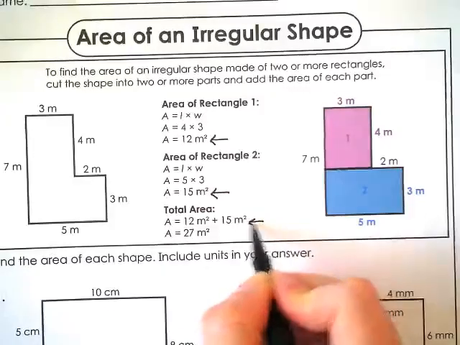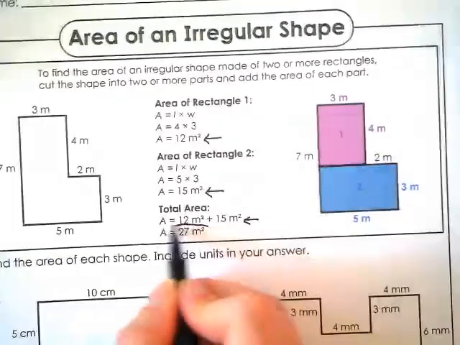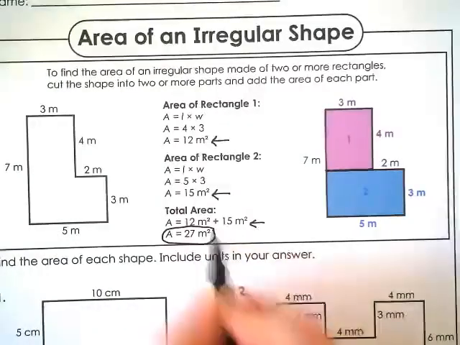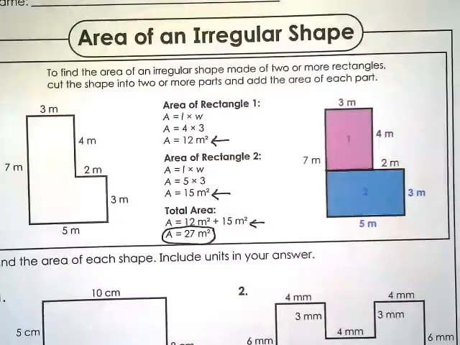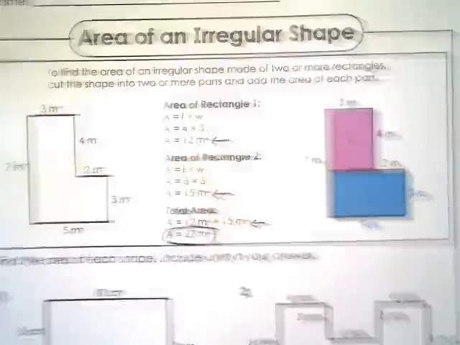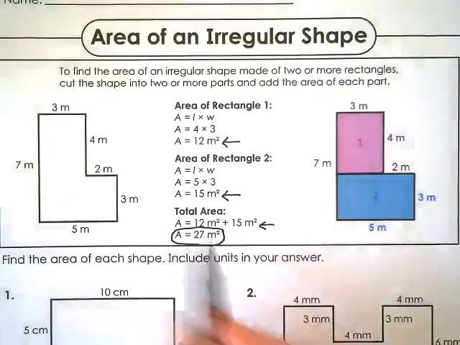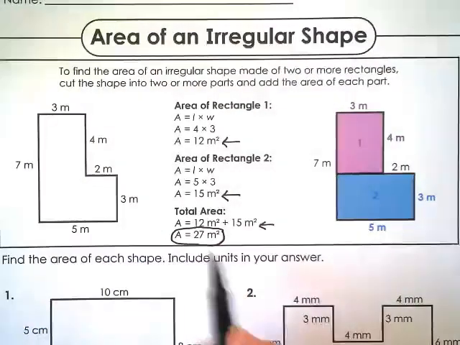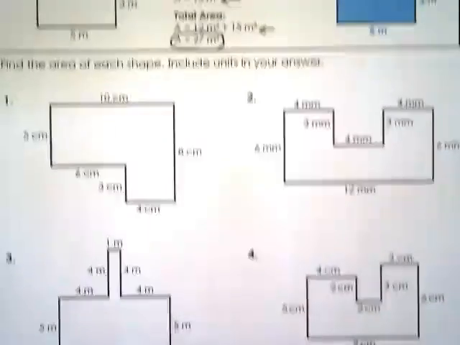They added those together, and the final answer is 27 meters squared, or we say 27 square meters. So what is the area of this figure? 27 square meters.